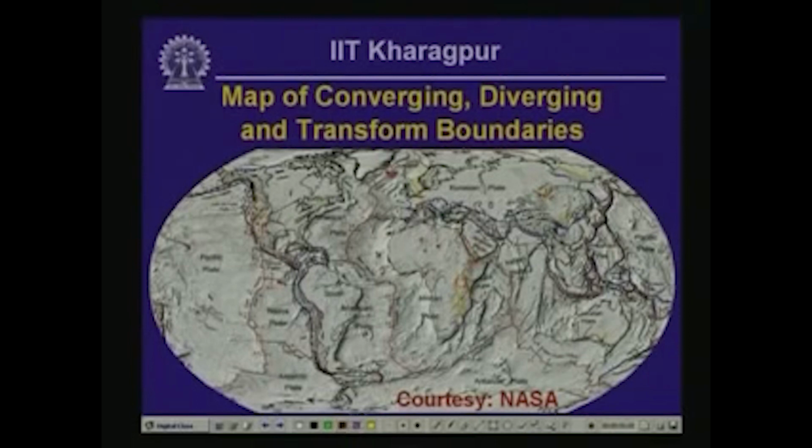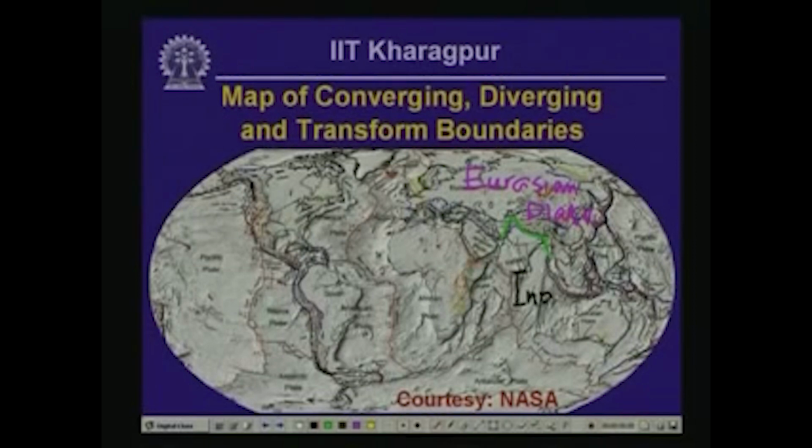One example of that is the northern boundary between the Indian plate and the Eurasian plate. So this one here is the Eurasian plate, and the Indian plate is here.